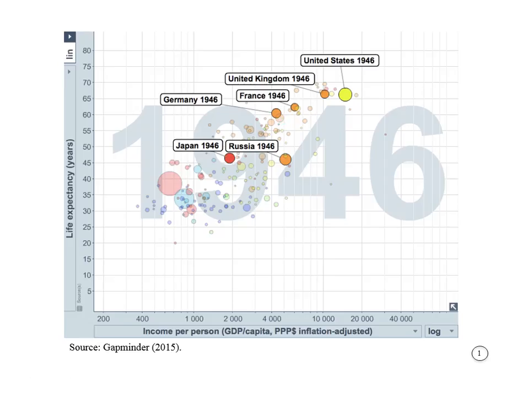So there is a big gap in income per capita. Germany has an income per capita of $4,000, while the US income per capita is about $18,000. A huge gap. Japan is way behind, and Russia is as rich as France and Germany.